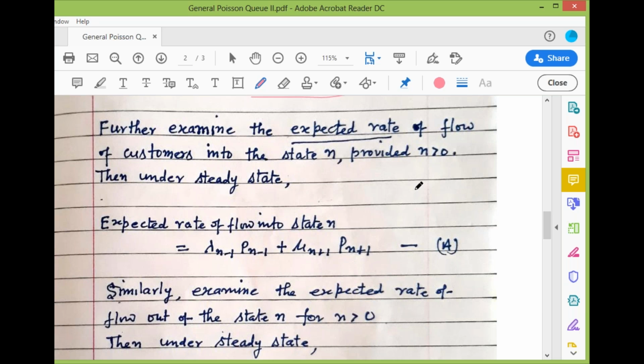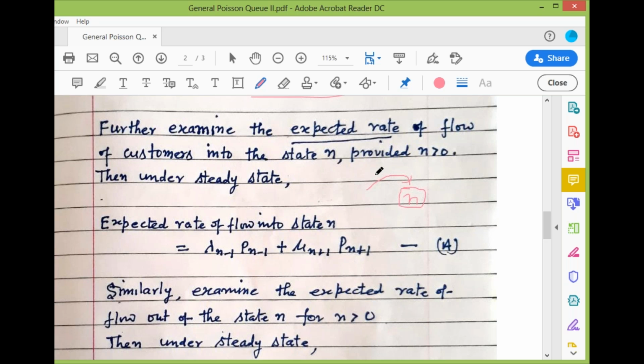Suppose there is a state n here. Whatever arrivals are possible here, suppose this is an arrival.